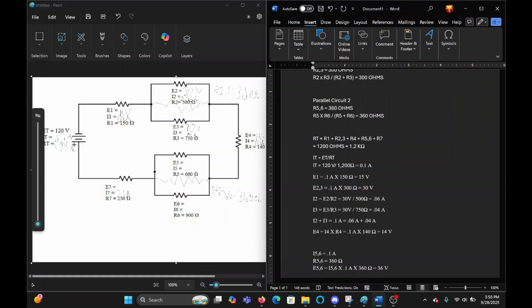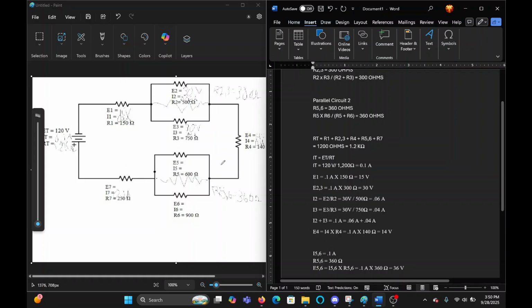Current of I5 and 6, which equals 0.1 amps, times R5 and 6, 360 ohms. Current times resistance.